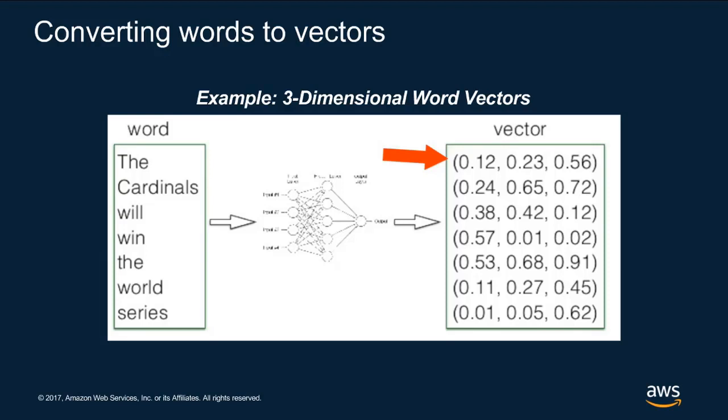The word the corresponds to a vector with these three values. The word world corresponds to a vector with these three values. When you plot these three values, you should see this word aggregating closer to words that are similar to it.